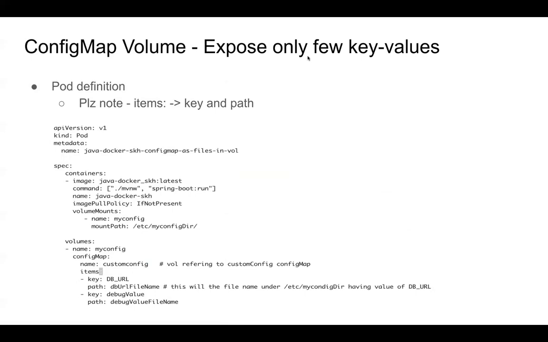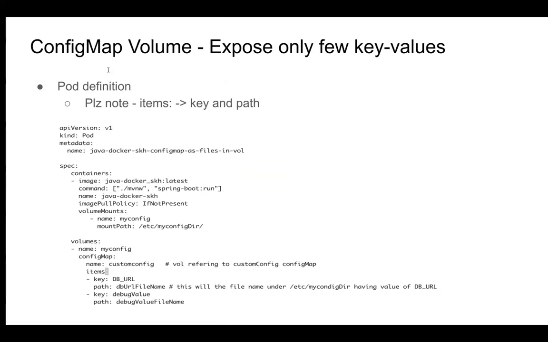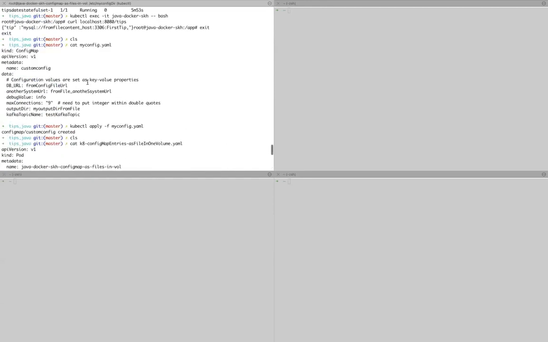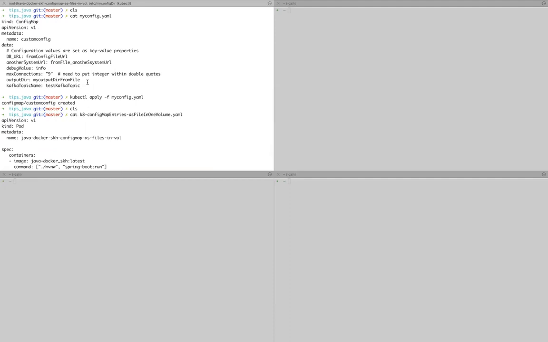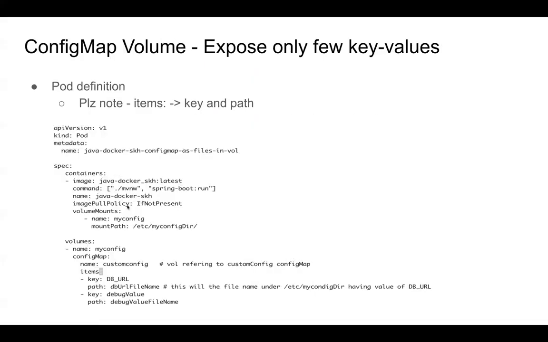So your application can read it from this directory for each configuration. Now, if you want to expose only a few key values, and we don't want all the key values populated into this config map, how to do that? It's the same pod, a similar thing. You are going to have volume and volume mounts.